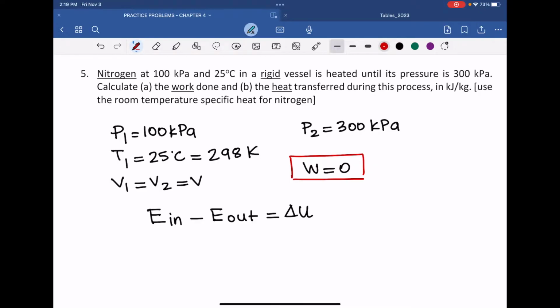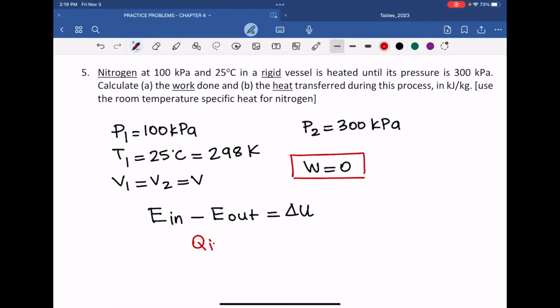From the problem statement, we understand that there's only energy getting in, which is heat, and that is changing the internal energy of the system.